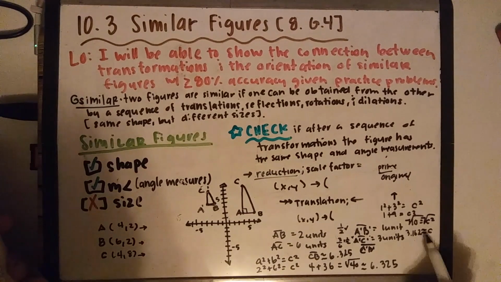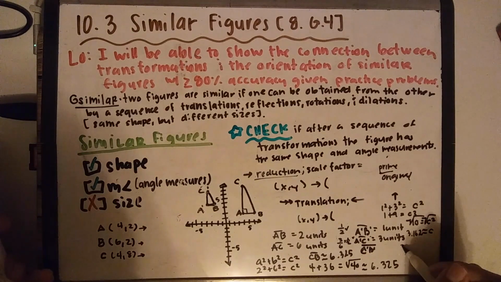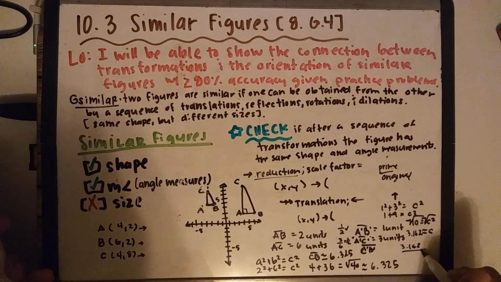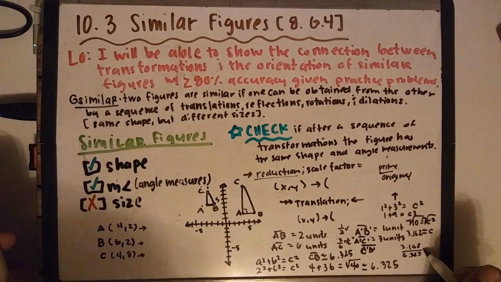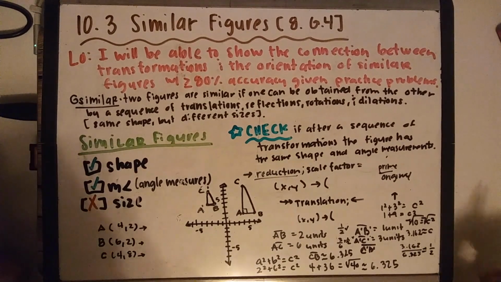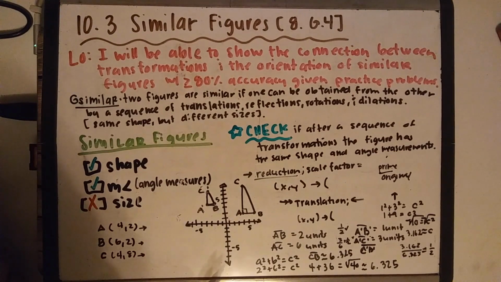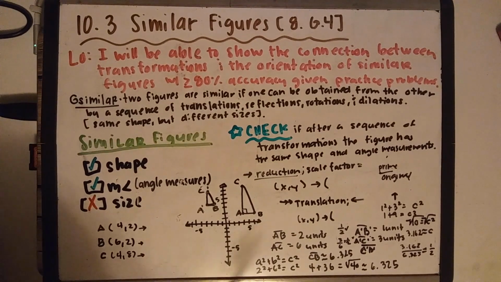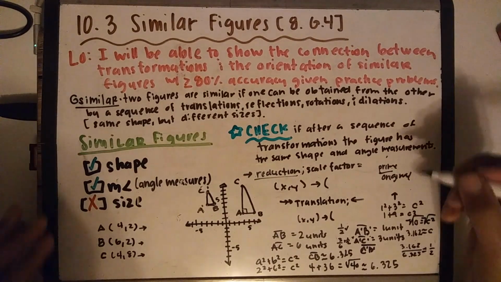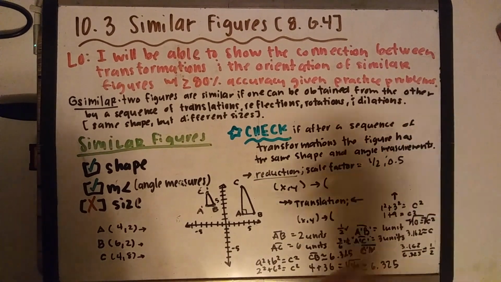And then this one right here is a little tricky, right? So prime is 3.162 divided by 6.325. That looks like it's twice that, so it's about 1/2. It's actually 1/2. So my scale factor is 1/2, or 0.5, so 5/10.